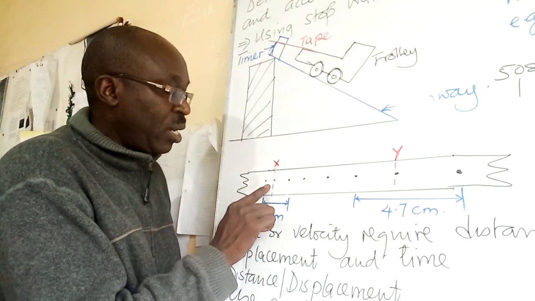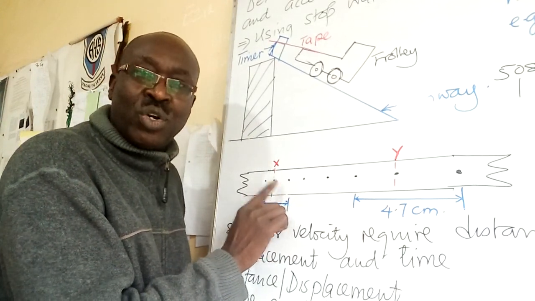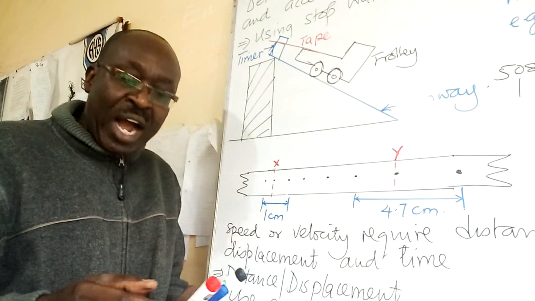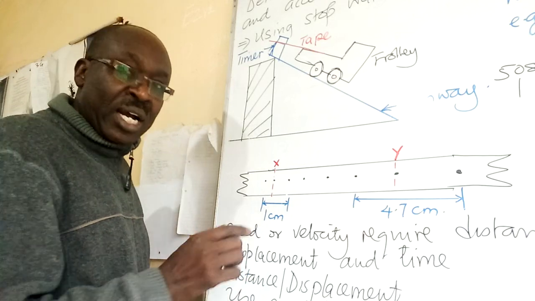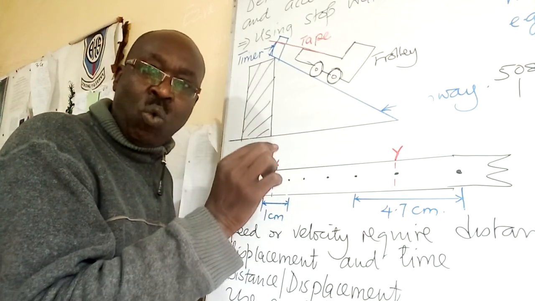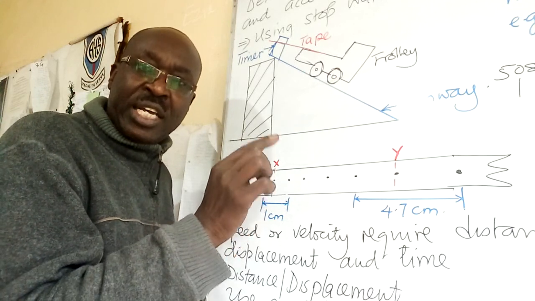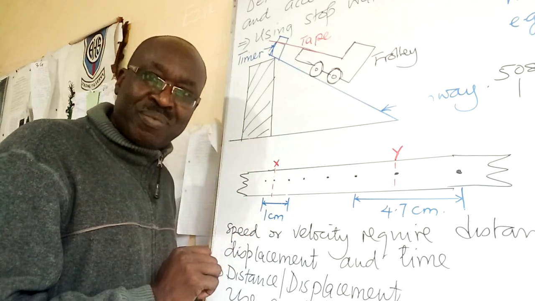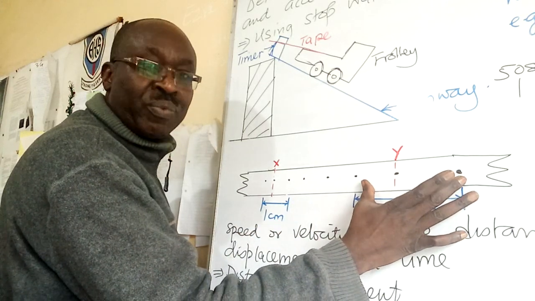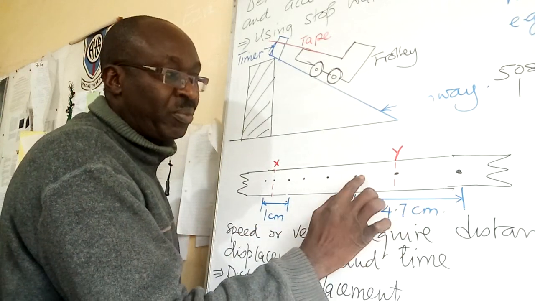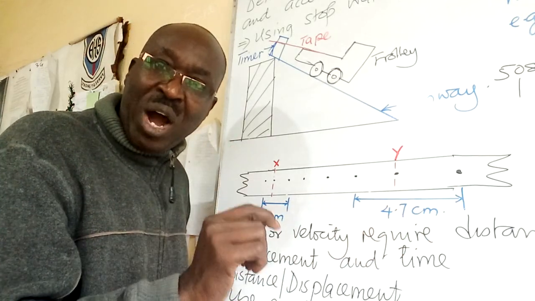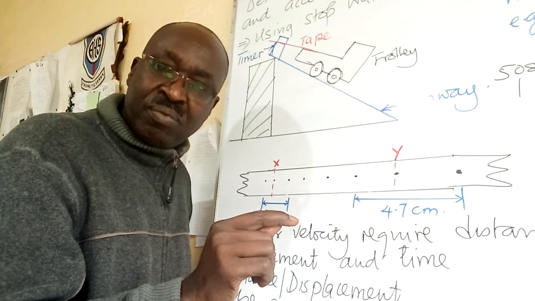You can see 1 and this is 2. So what is the time taken to cover this distance shown? It will be 1/50 times the two spaces. Okay? The same thing, if I wanted to know the time to cover this space and this space, I will say 1/50 times 2.